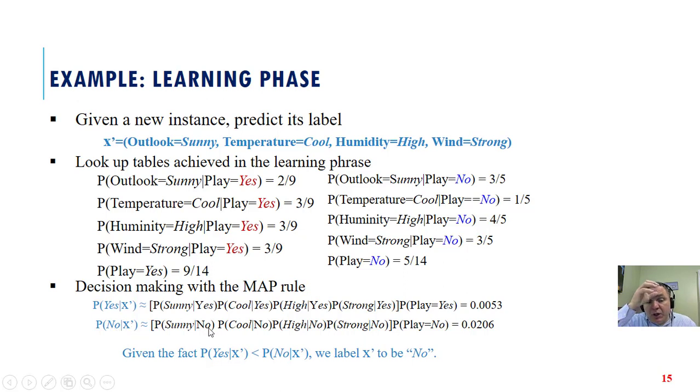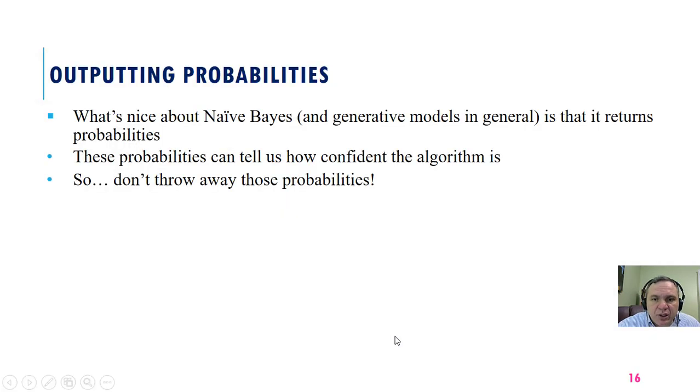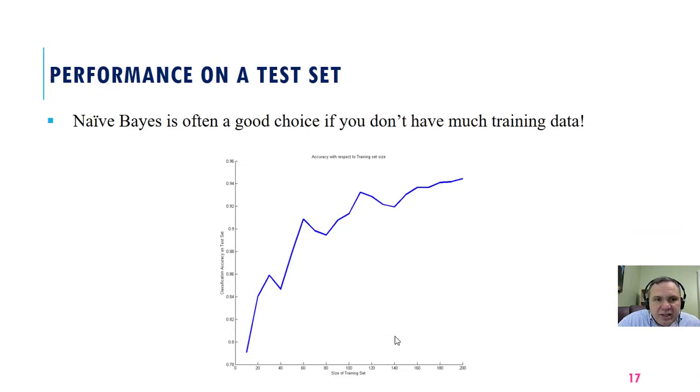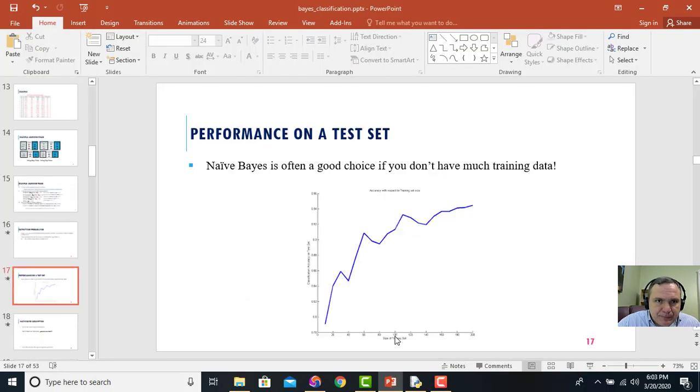So here the probability of yes given our observed facts is 0.0053, while the probability of no given our observed facts is 0.02, which means that no wins because it has a higher probability.